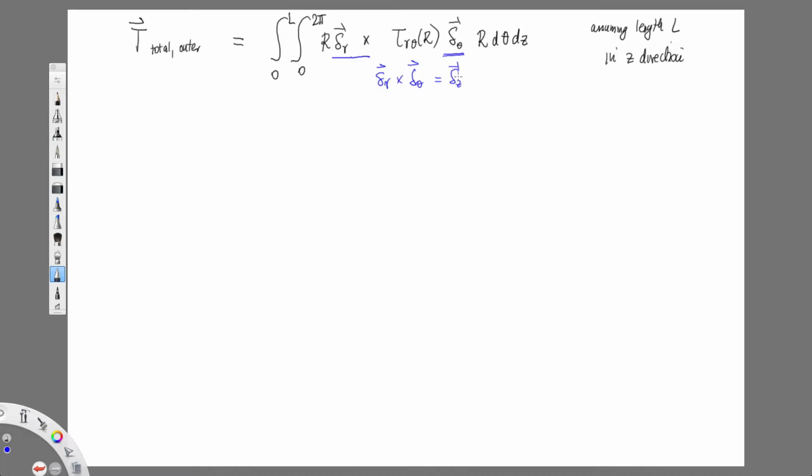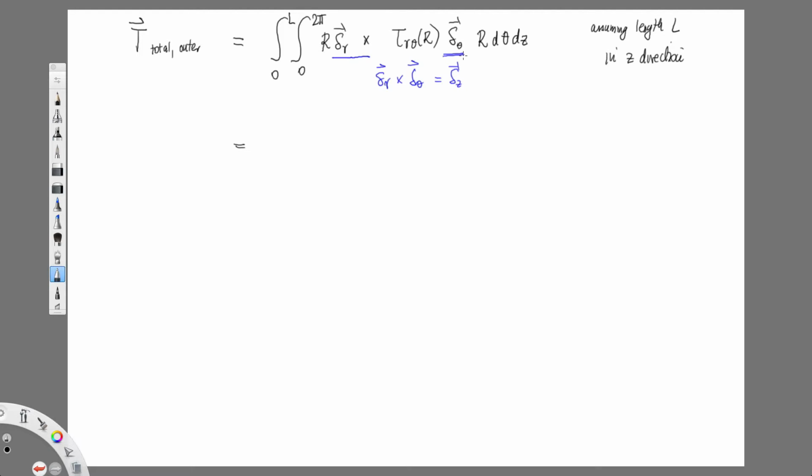And my delta z is one vector in this coordinate system that actually doesn't depend on location. So I can take this delta z outside of the integral. Delta r and delta theta I cannot by themselves, but if their cross product is delta z, I can.